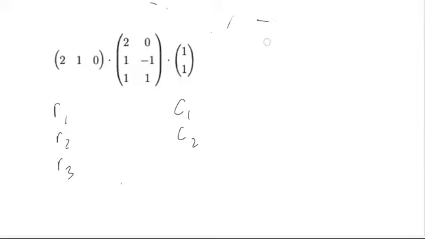Now, behind the scenes of what I just did was actually that very idea. What we can do here is think of the input over here as being 2R1 plus 1R2.